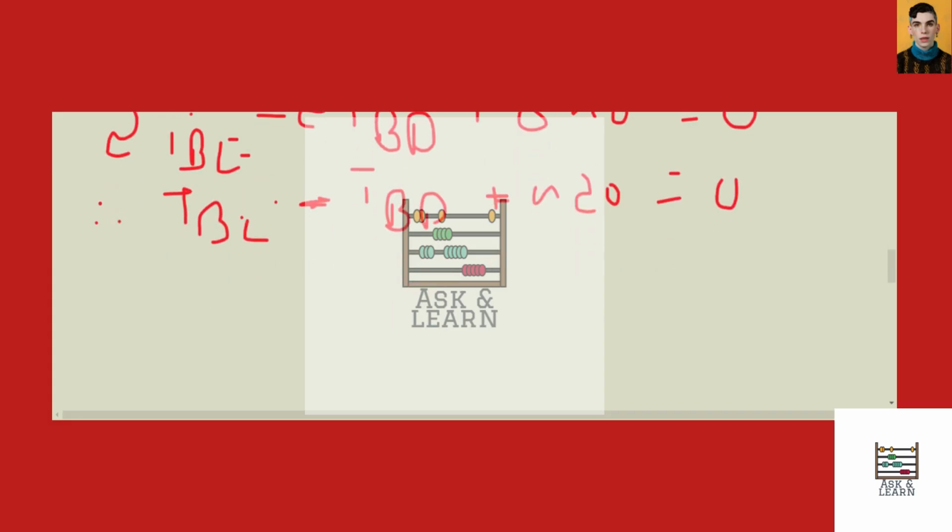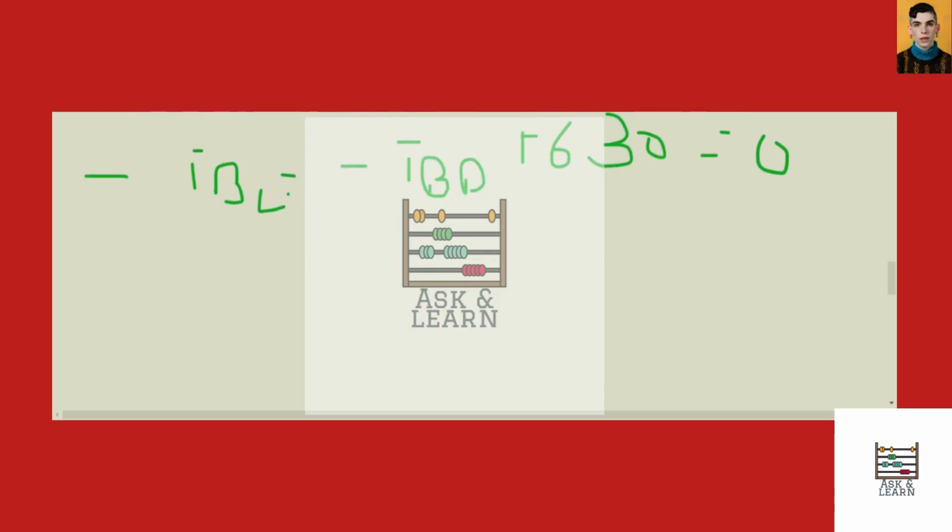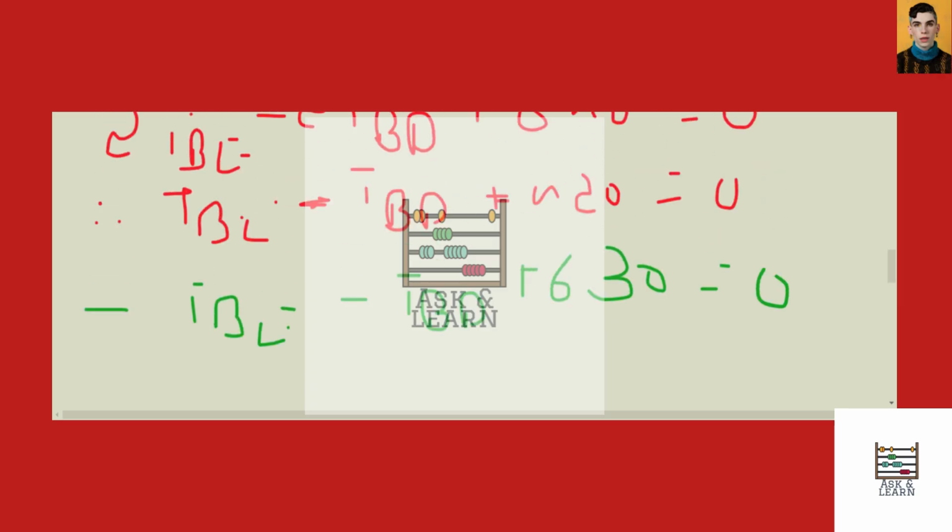Now similarly, let's equate the K component. So I'm writing it directly. The K components are minus TBE minus TBD and 630 is equal to 0. Let's say this one is equation 1 and this is equation 2.